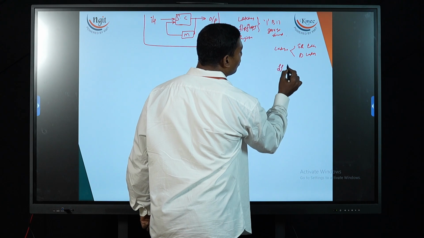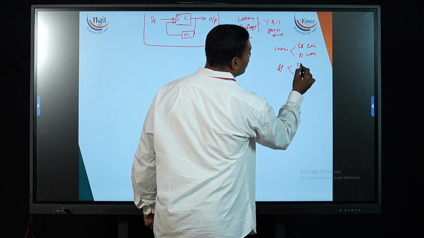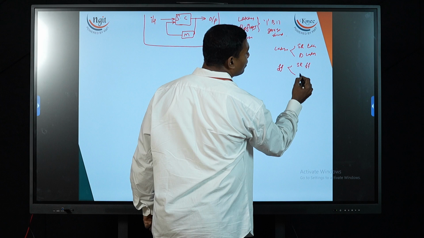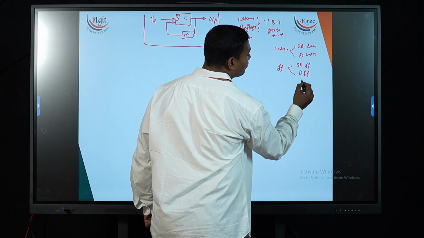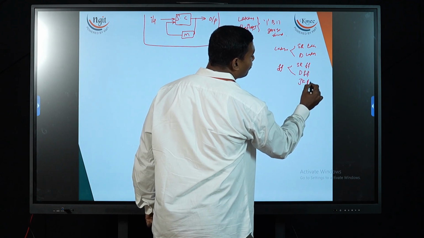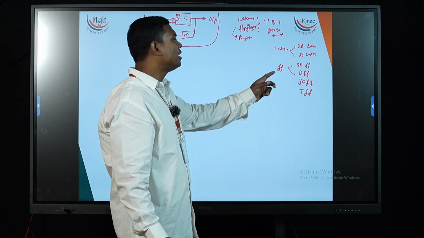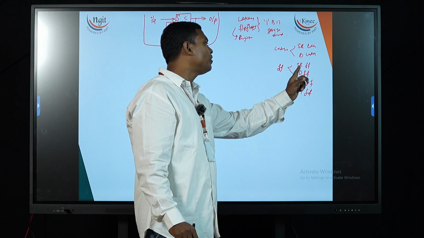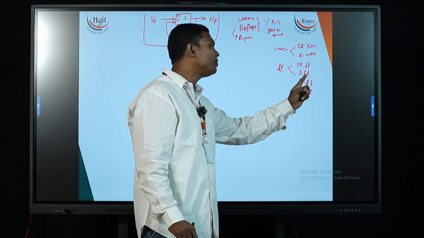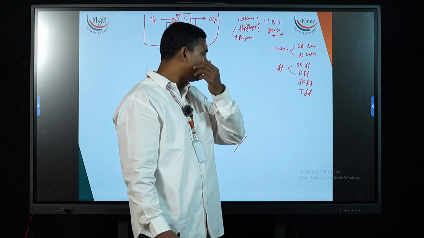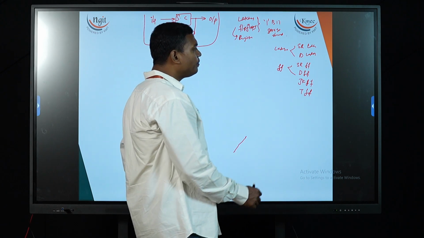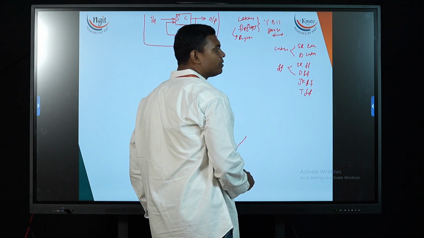Coming to flip-flops, we have the SR flip-flop, D flip-flop, JK flip-flop, and the last one is the T flip-flop. So latches are of two types, SR latch and D latch. Flip-flops are of four types, SR flip-flop, D flip-flop, JK flip-flop and T flip-flop. Everything is a 1-bit storage element.